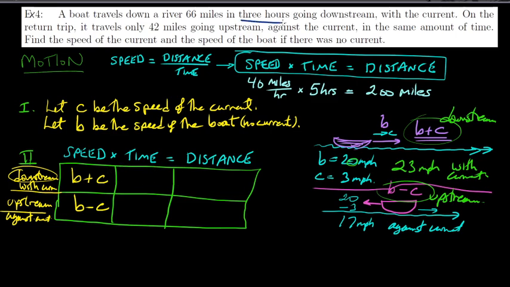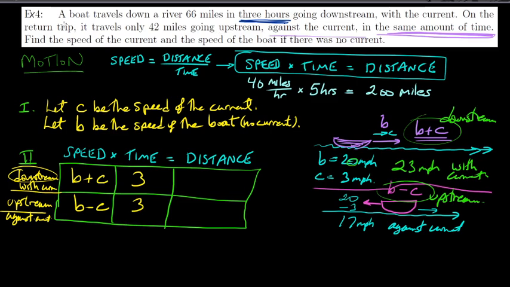That's in the problem, right here, 3 hours. So 3 hours for the time. What about going upstream against the current? It's the same amount of time, so it's still 3 hours, the same as going downstream.